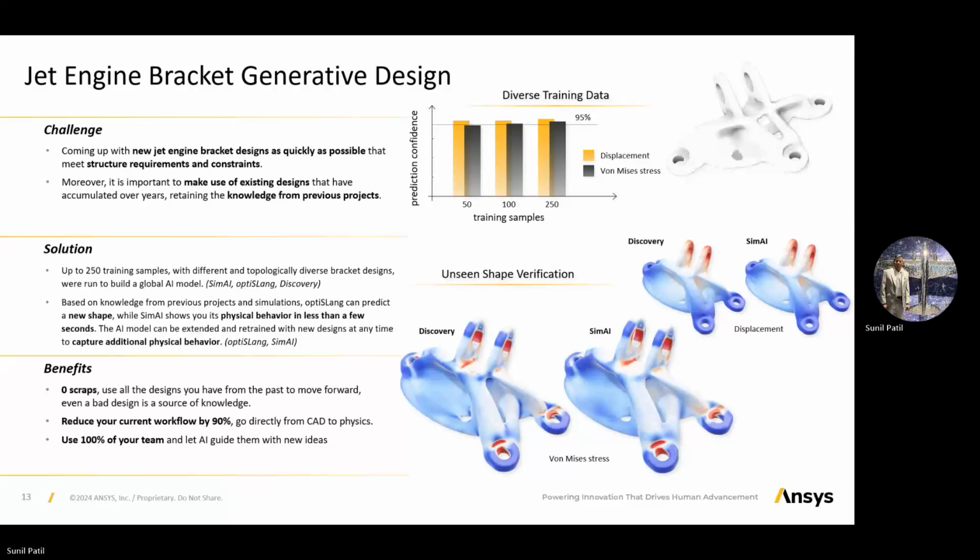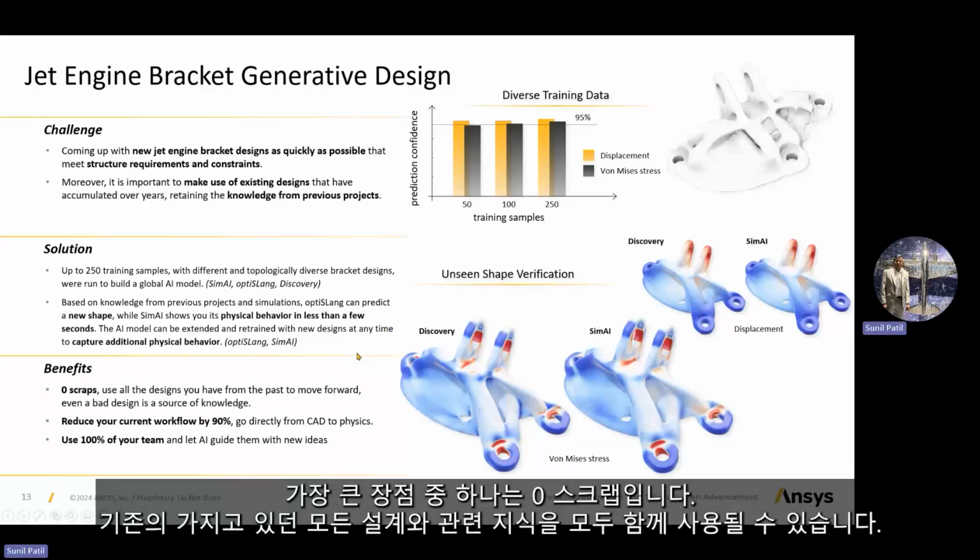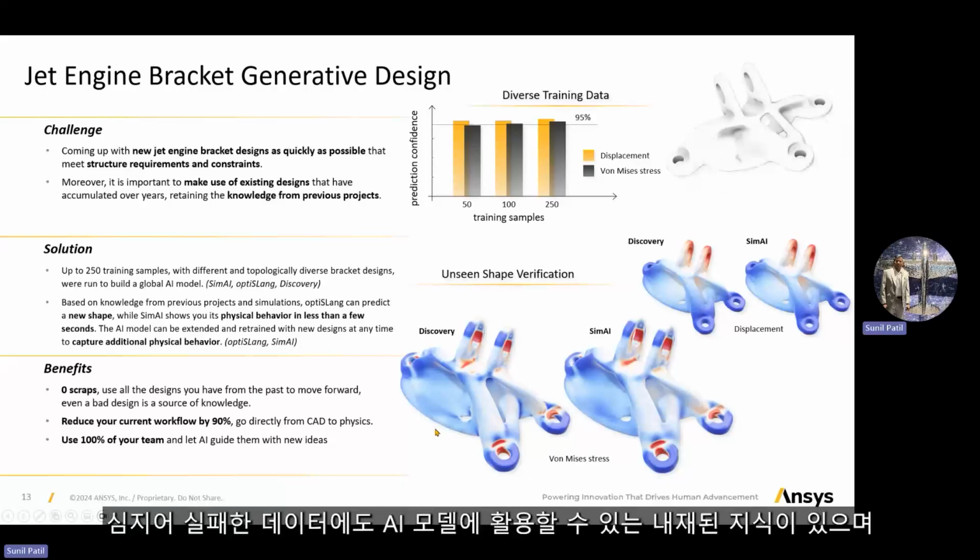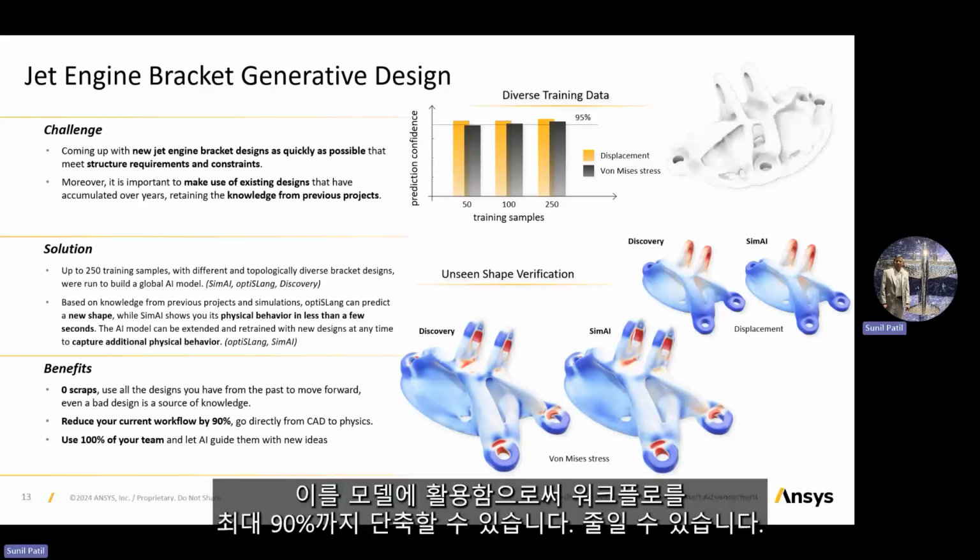And the benefit is zero scrap. All the designs you have from the past can be used, all the knowledge can be used, even some of the failures; there's knowledge behind those failed data which can be leveraged in the AI model. And you can reduce the workflow by up to 90%.